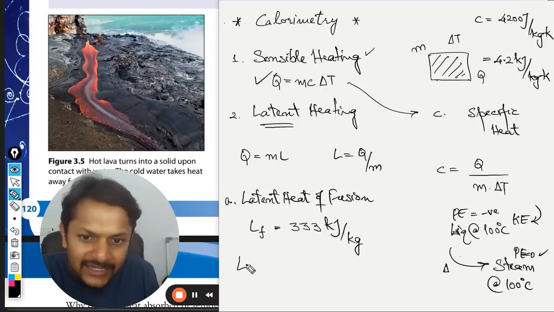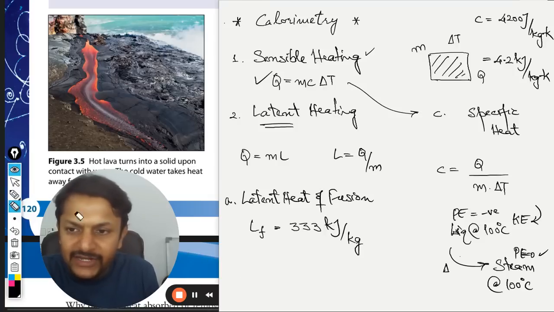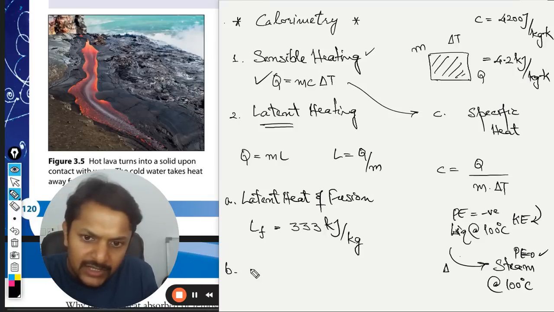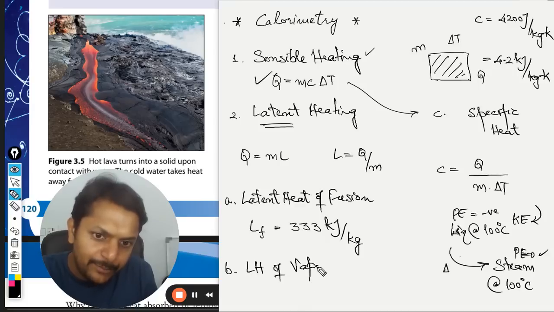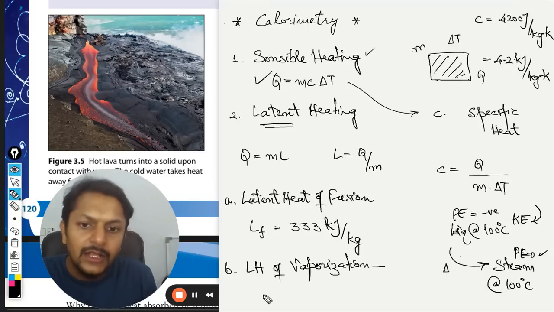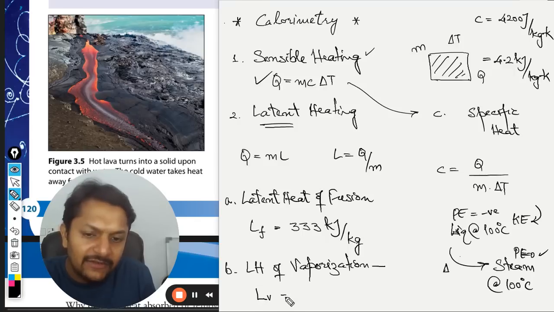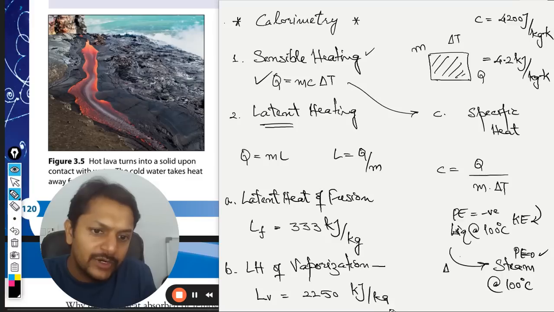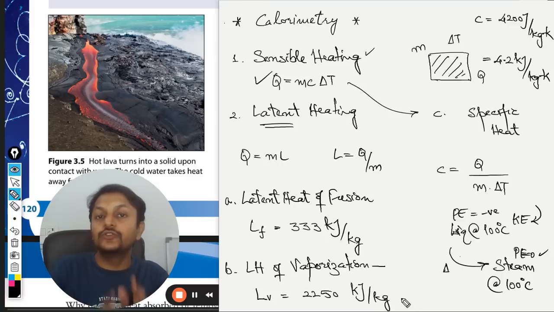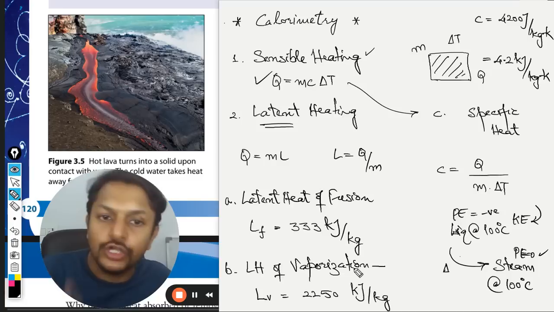The second type is the latent heat of vaporization, written as LV. This is again very high, in kilojoule per kg. It is 2250 kilojoule per kg in the case of water.